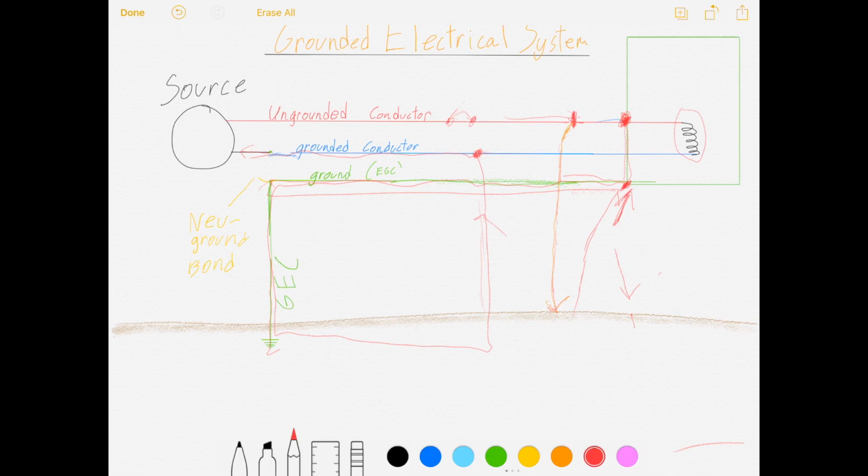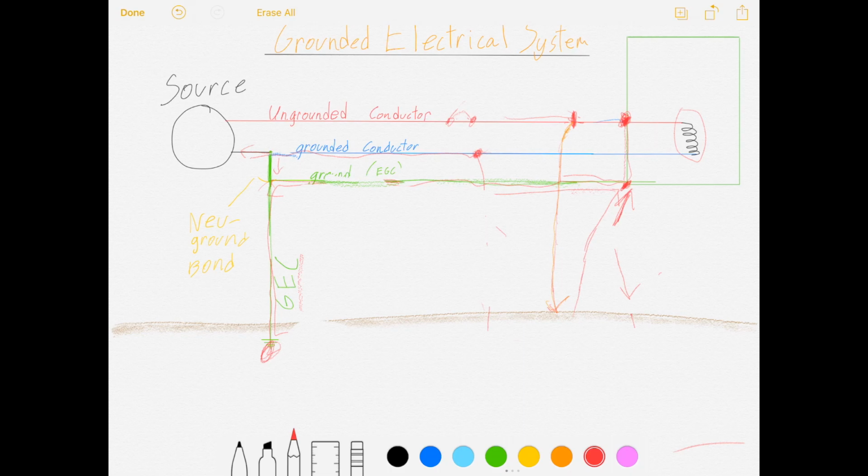The grounding electrode is very important. Our grounding electrode conductor, our equipment grounding conductor, and our neutral to ground bond. Now, one concern that people have asked about this neutral to ground bond is, if current is flowing along the grounded conductor, then why doesn't any current flow back into the ground system if it's connected there?